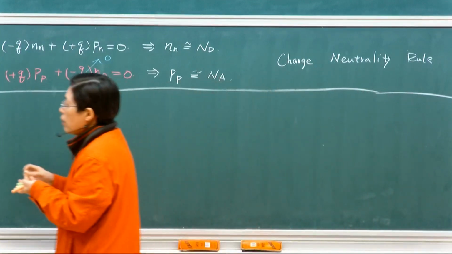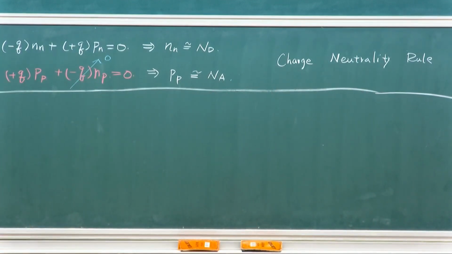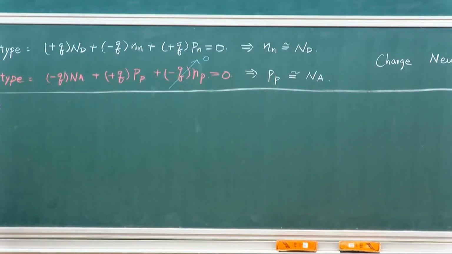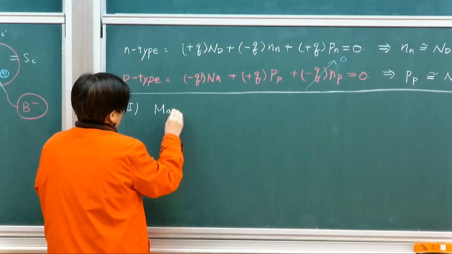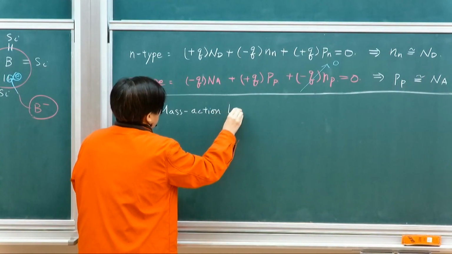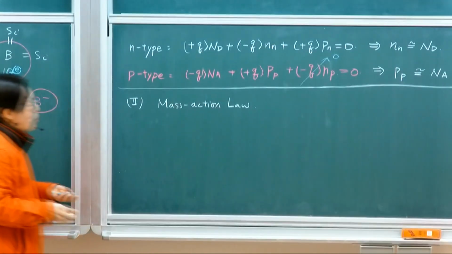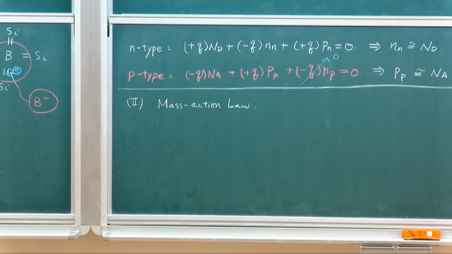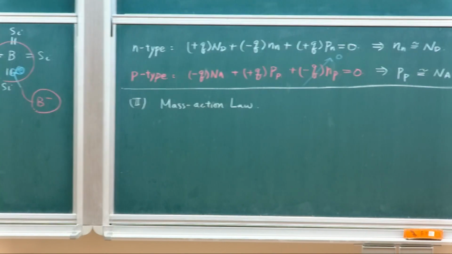The second law we're going to follow in determining carrier concentration is called the mass action law. A lot of you come up and ask me why, so I wanted to spend maybe 5 to 10 minutes to give a short version as to why we have this mass action law.